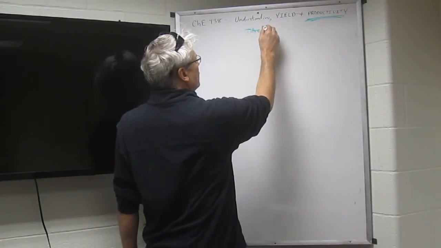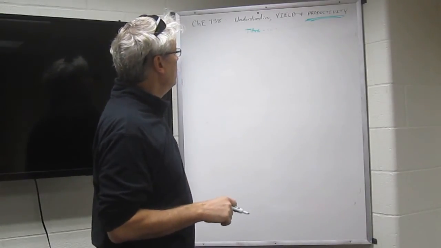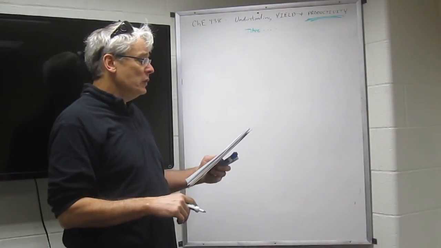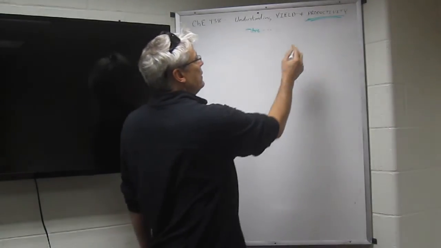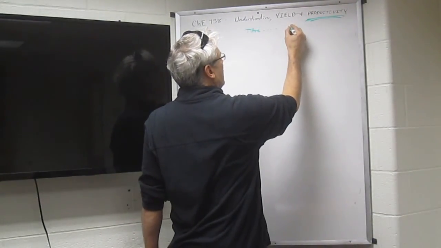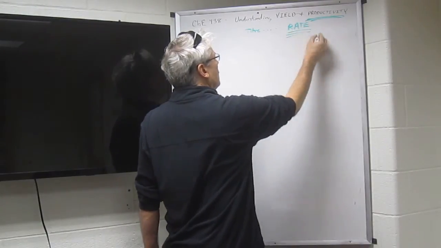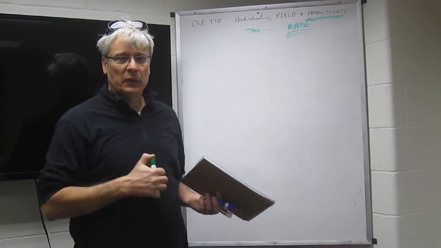There's a lot of words that are slight variations on this that we should be aware of. The primary thing here is that this is a rate. Okay, and so we're looking at how fast stuff is being made.